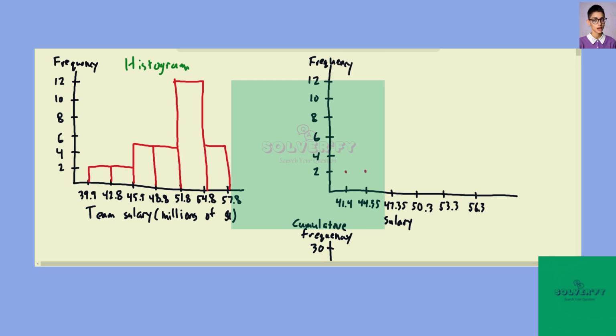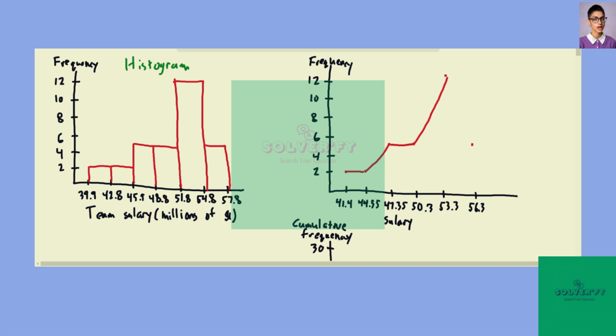So those first two are 2, and the next two are 5. The fifth one is 12, and the last one is 5. And so to draw that frequency polygon, we just connect the dots.